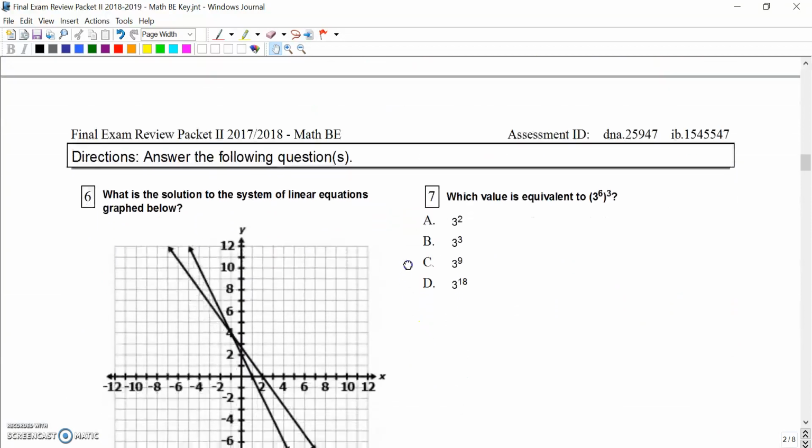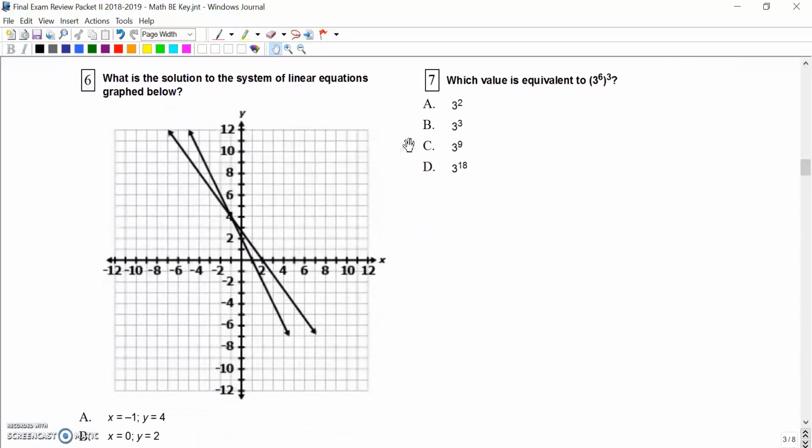Number 6, what is the solution to the system of linear equations? Which is when we have 2 lines, we're looking for where they cross or if they cross at all. So for this set of lines, we have right here a solution. There's some other close spots here.